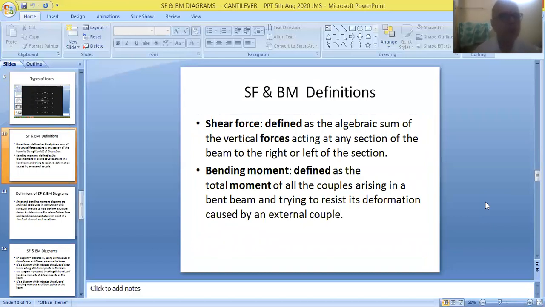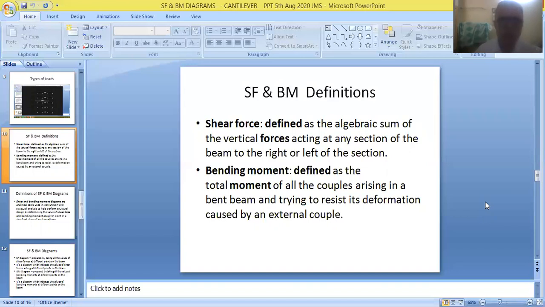So friends, we have to note down the definitions of shear force and bending moment. This is given in this particular slide. Shear force is defined as the algebraic sum of vertical forces acting at any section of the beam. It can be on the right side of the section or on the left side of the section.